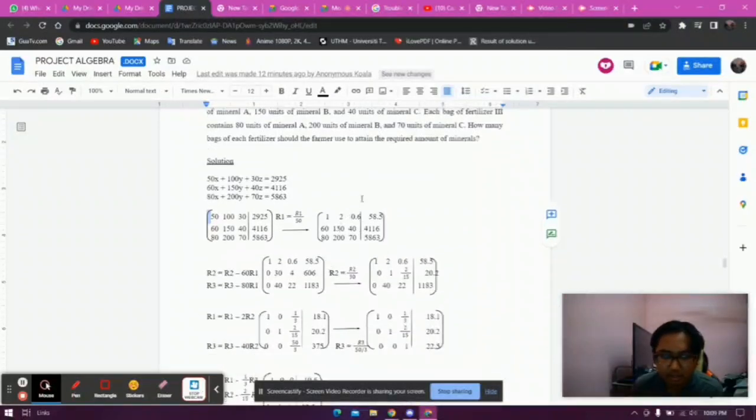Okay. Next, we eliminate the next column, make it 0. So for row 2 equals row 2 minus 60 times row 1, so we get 0. For row 3, we take row 3 minus 80 times row 1, so we got 0.